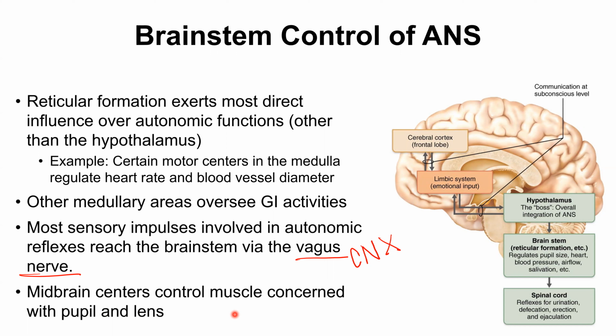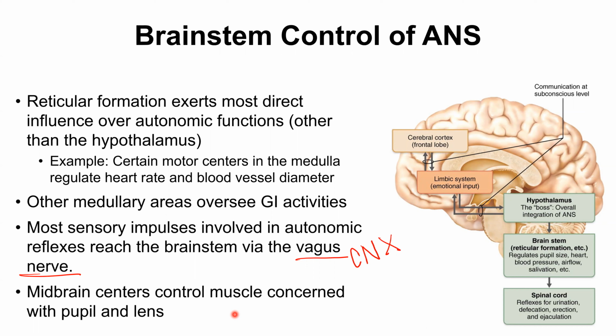So either dilating or constricting the pupil, and bending or flattening out the lens. Dilating the pupils, we know, would help us to see better. Constricting the pupils happens whenever it's, say, a really bright sunny day, the pupils will automatically constrict, which decreases the amount of light that's entering the eye to help protect your eye.